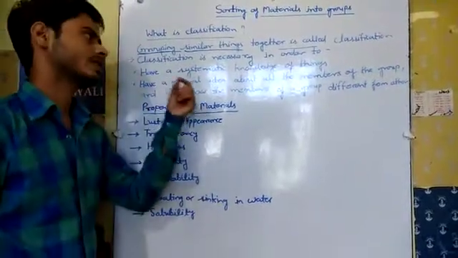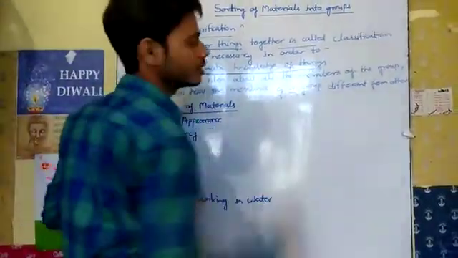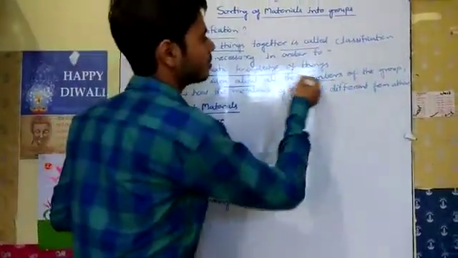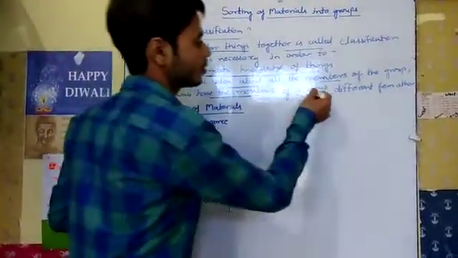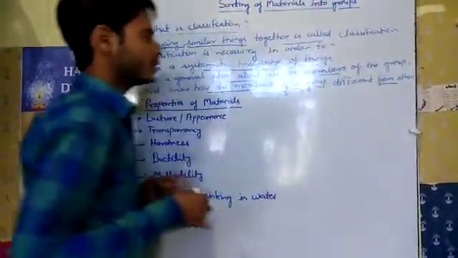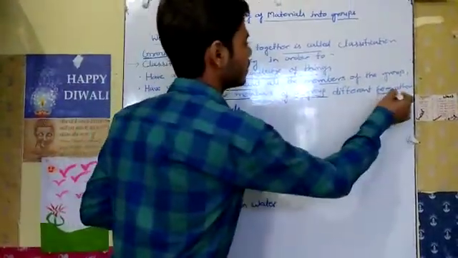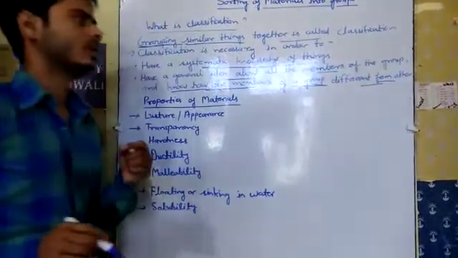And classification is necessary in order to have systematic knowledge of things and a general idea about all the members of a group, and to know how the members of a group are different from others.